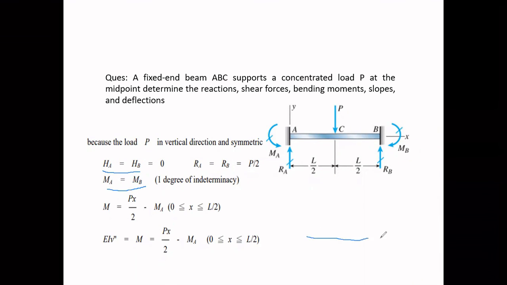But if the case wasn't like this, if the load P was acting like this, and this end was fixed, also this end was fixed, this distance would have been say A, and this would have been B. Then in this case this MA will not be equal to MB, because the moment at this part will be different from the moment in this part.